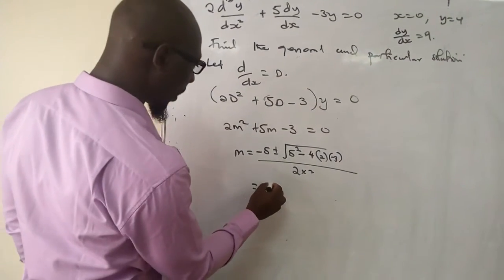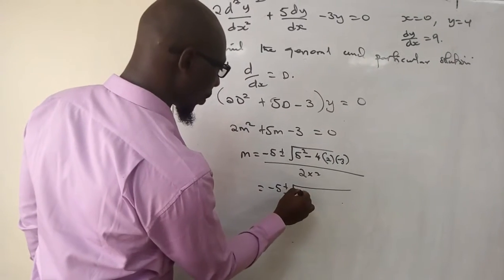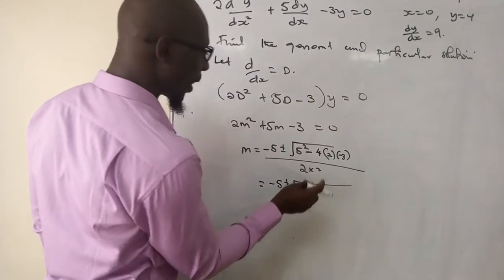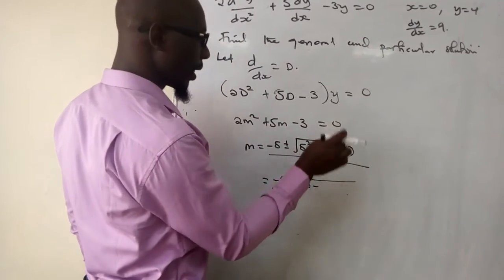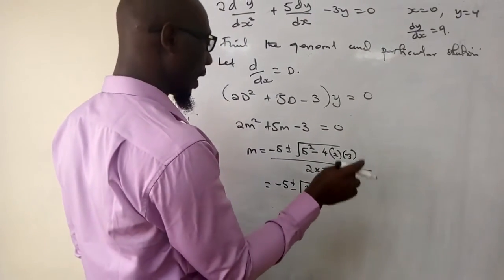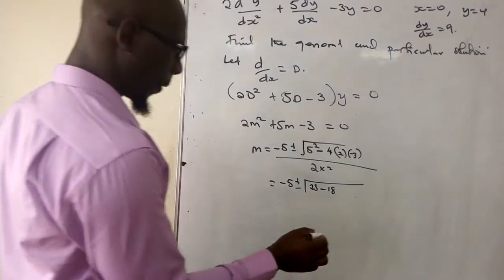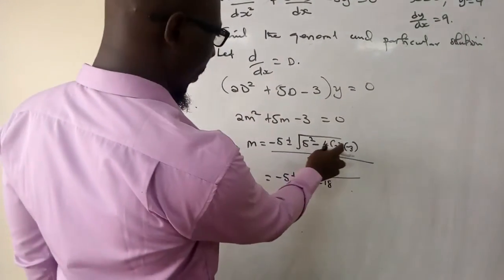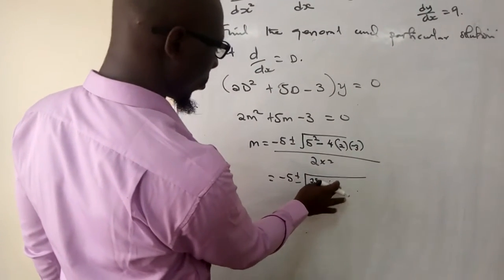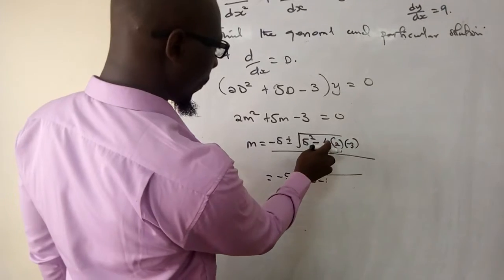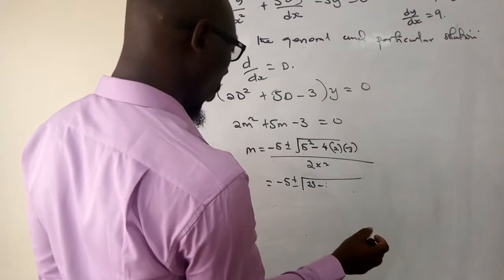So this one shall be minus 5 plus or minus the root of 5 squared, which is 25, minus 4 by 2 by negative 3. 4 by 2 is 8, and 8 by negative 3 is negative 24.